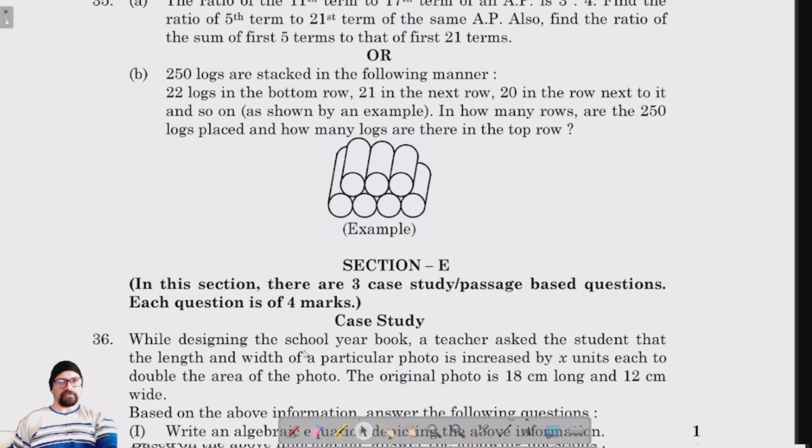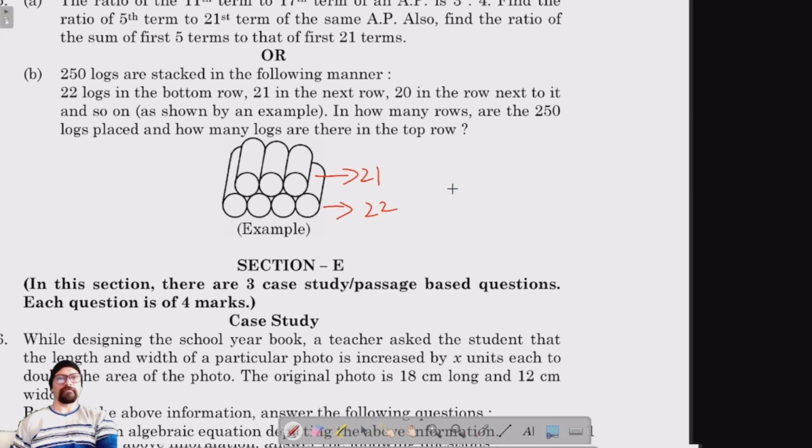For part B, it's given that there are 250 logs stacked in the following manner. There are rows of logs, and in the bottom row there are 22 logs, and as we move towards the top, there is one log decreasing in each row.